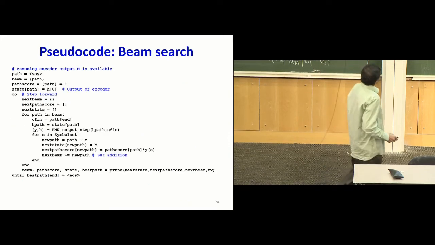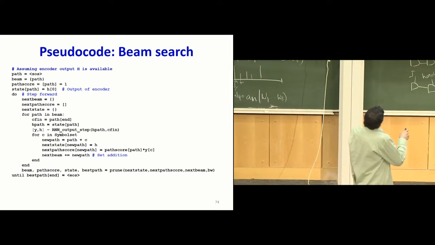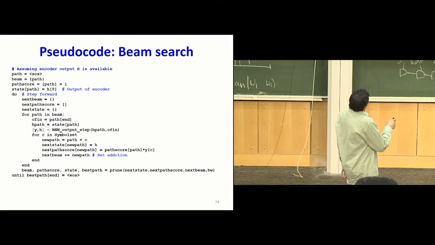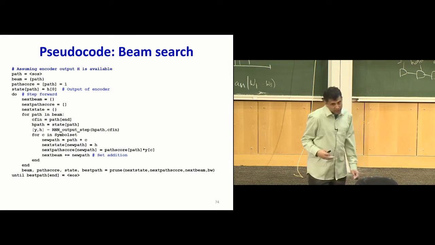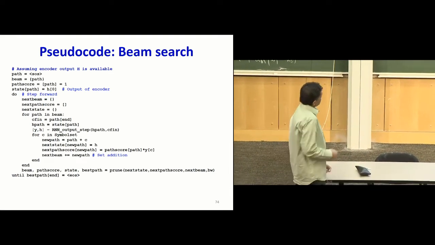So here's the little pseudocode for it. I won't actually go through it in great detail, but observe what's happening. At each time you have some beam. Each path in the beam is now going to be put through a copy of the recurrent network to produce probabilities for all output symbols.